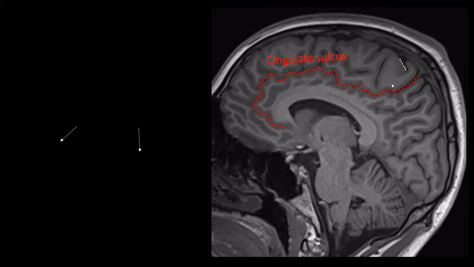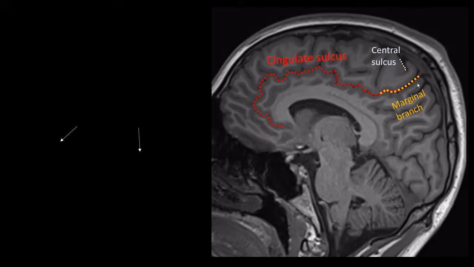So this is the paracentral lobule. And here it's already marked. We will find the central sulcus. So the central sulcus is situated immediately anteriorly of the marginal branch of the cingulate sulcus. So if you want to identify the central sulcus in the sagittal plane, look for the marginal branch.